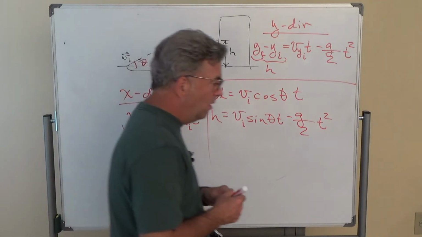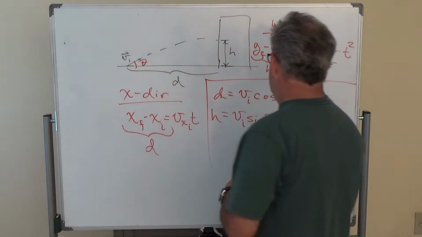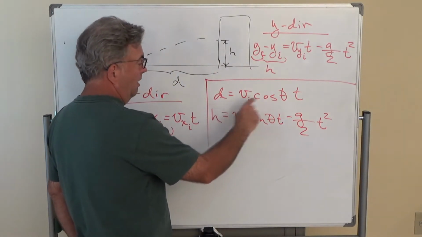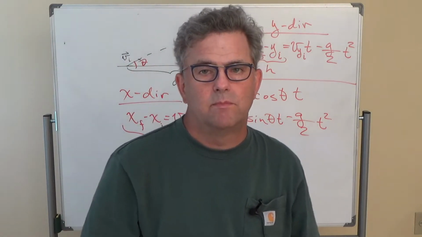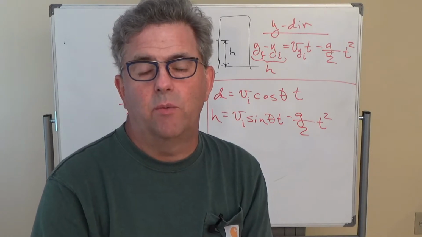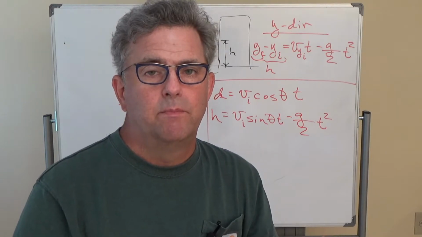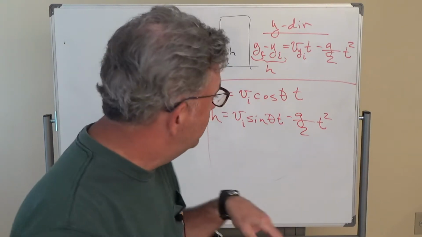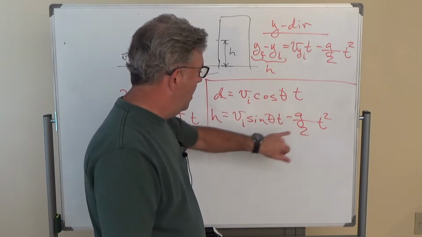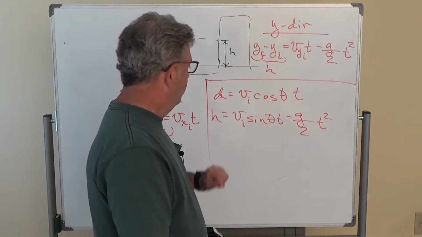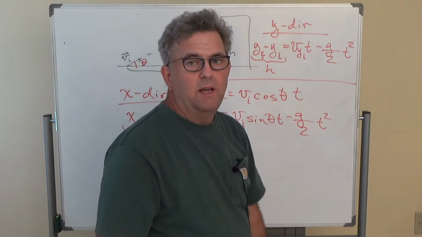And we're looking for what? h. You can solve this for t, plug it in here, and get an expression for h. So it's asking you to get rid of t, meaning use the variables that you have in the problem to express an answer for h. When you get rid of t by substituting, your answer will be in terms of V initial, theta, and g. And that's what you need.